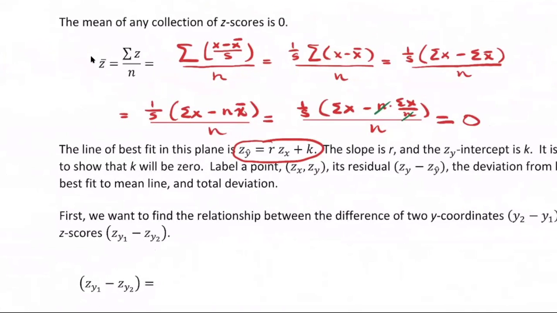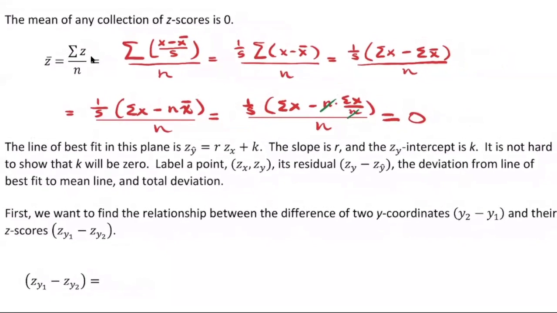Okay, so let's read it. It says the line of best fit in this plane is zy hat equals r times zx plus k. The slope is r. You had to come up with a letter for the slope. And the z-intercept is k.